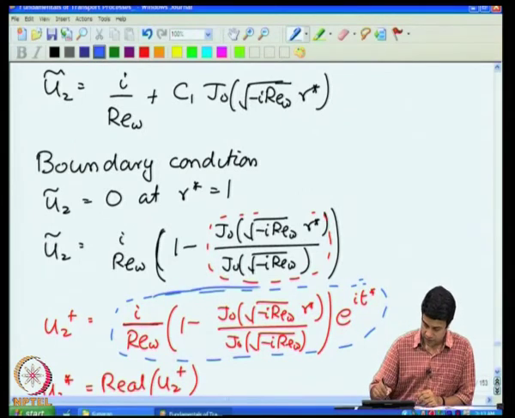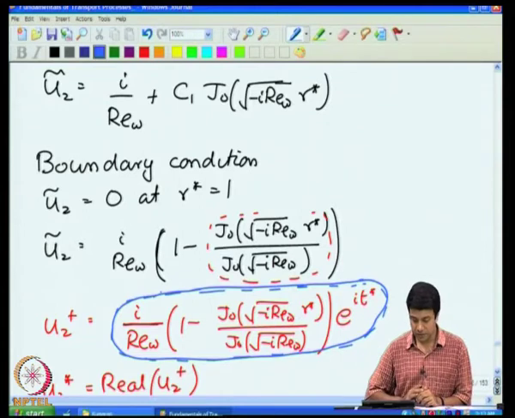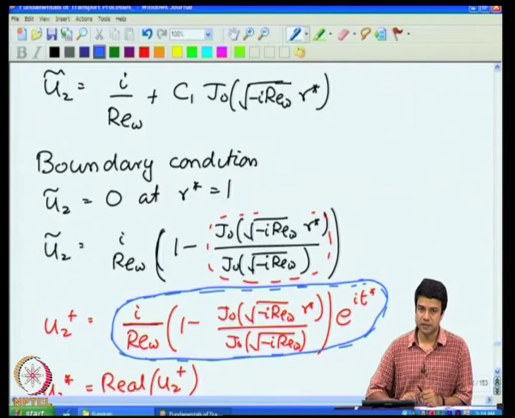Okay. And even though we managed to get this solution, it is a complicated solution. You end up having to take the real part of this times e power i t and then plot it for different values of Reynolds number and t in order to get the actual velocity profiles.